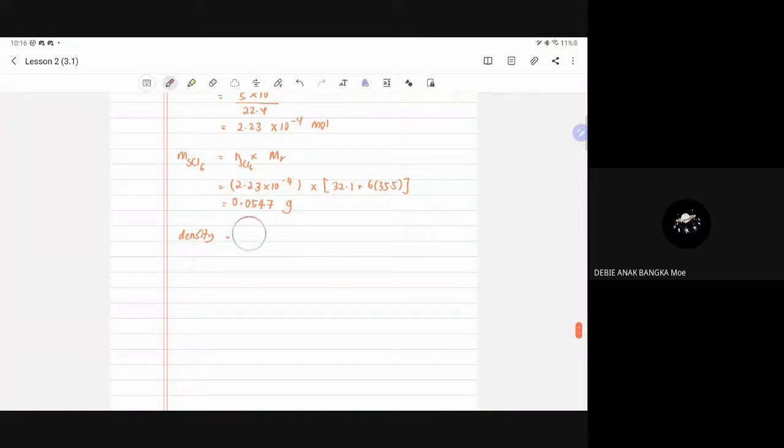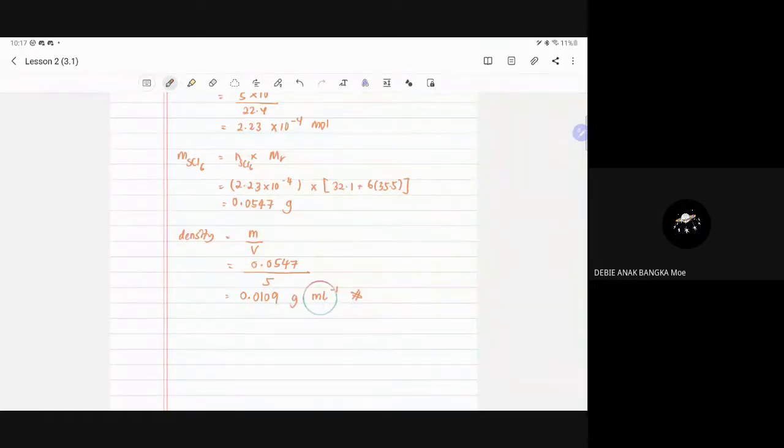So mass dia adalah 0.0547 dan volume dia adalah 5 ml. Jadi divide by 5. 0.0547 divided by 5, you should get 0.0109 grams per ml.